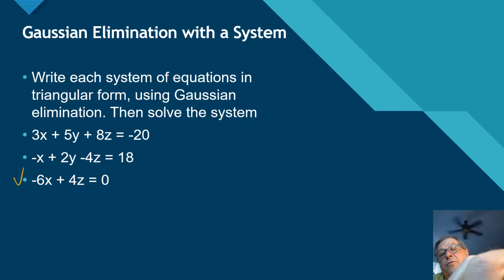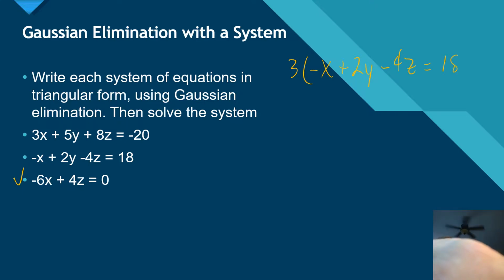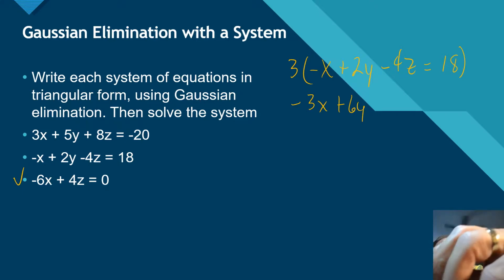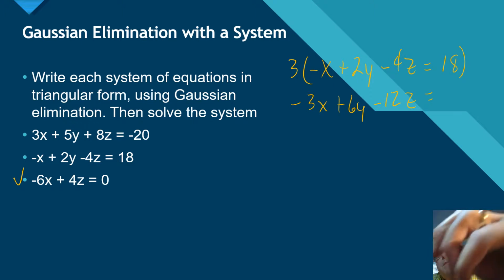So I'm going to take 3 times negative x plus 2y minus 4z equals 18, multiplying that entire equation by 3, which yields negative 3x plus 6y minus 12z equals, and 3 times 18 is 54.